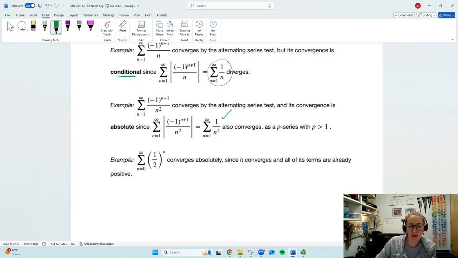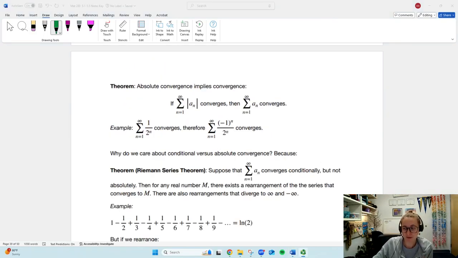And so whether it has the alternating part in it or it doesn't, it still converges. We call that absolute convergence. And our last example right here, it also converges absolutely since it converges and all of its terms are already positive.